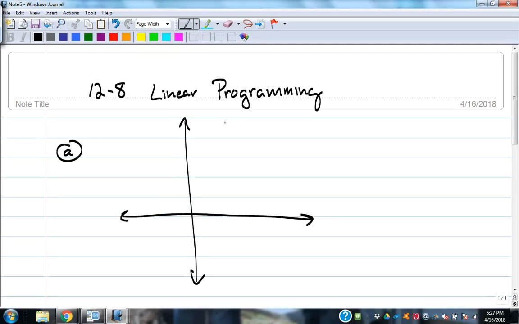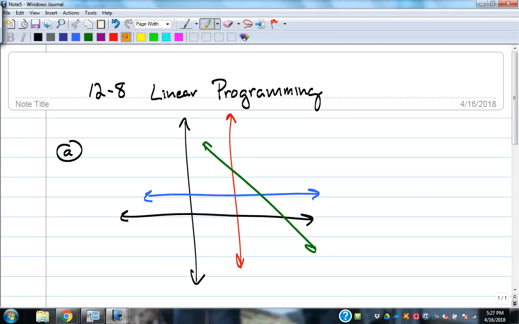It might have a red line here and a blue line here, and then some diagonal line doing something like this, and then all the shading, and you end up shading this area, the overlap of all of those inequalities, the constraints.